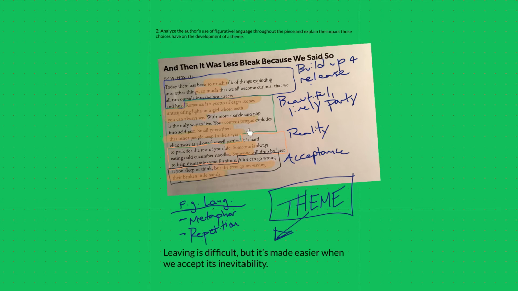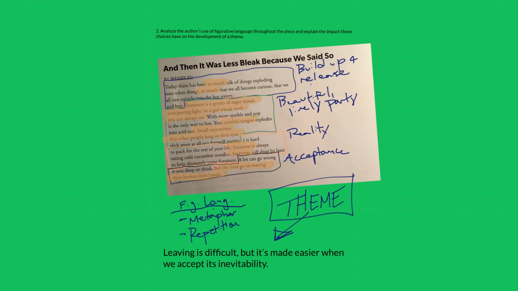The third chunk is about the mechanical process of moving and how that goes. And then the last part is the acceptance of leaving. The trees are waving their broken little hands. It's like the trees are waving goodbye. It's like you just have to accept that it's happening.